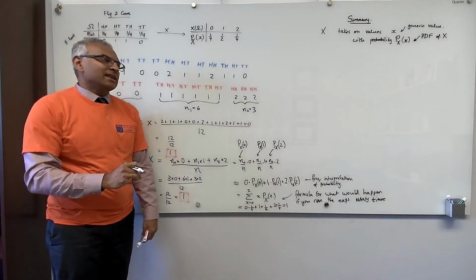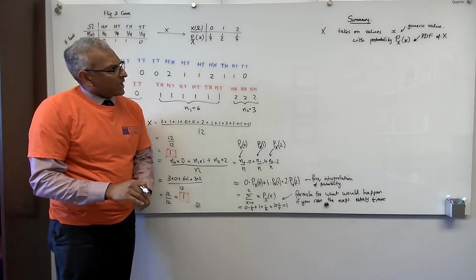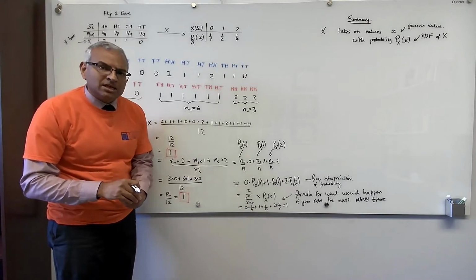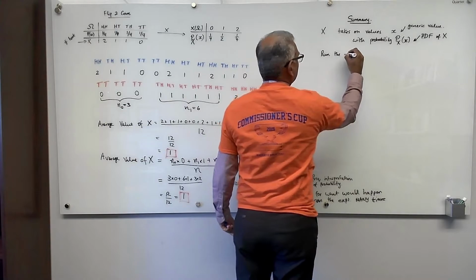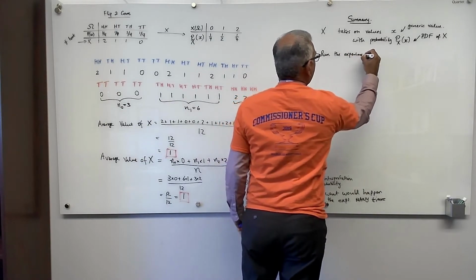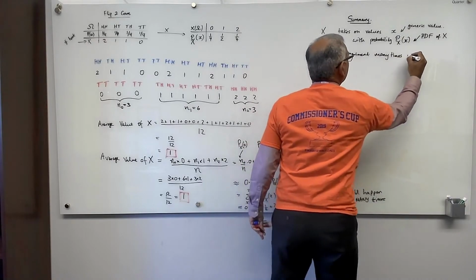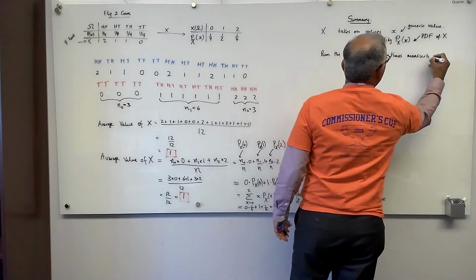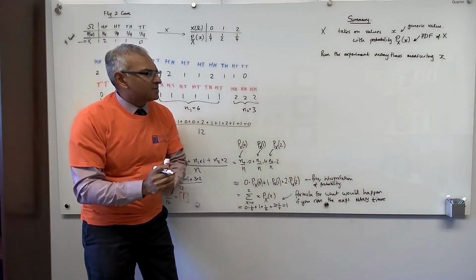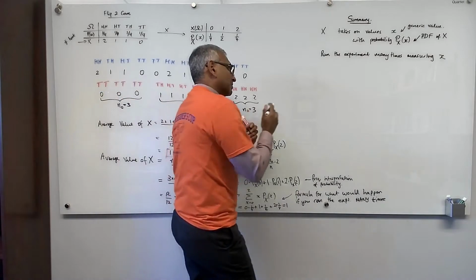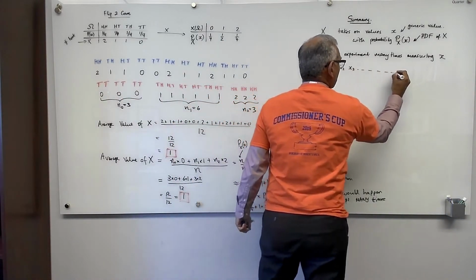Okay, so you have a random variable x, which takes on values. When you run an experiment and you measure x, you get some value. And if you run the experiment many, many times, measuring x, you get, let's say, x1, x2, x3, up to xn.